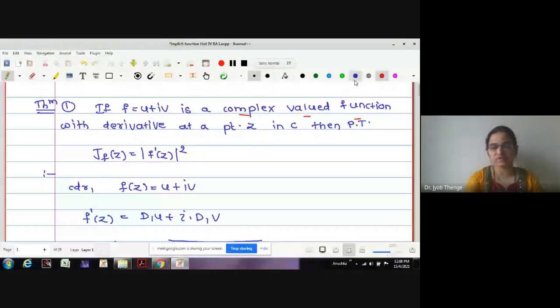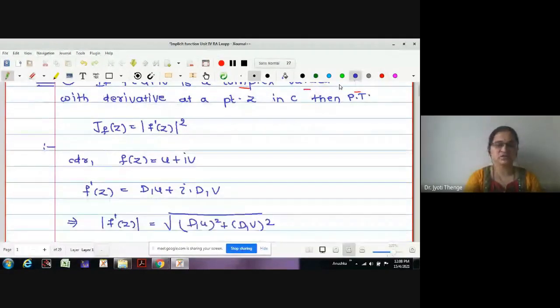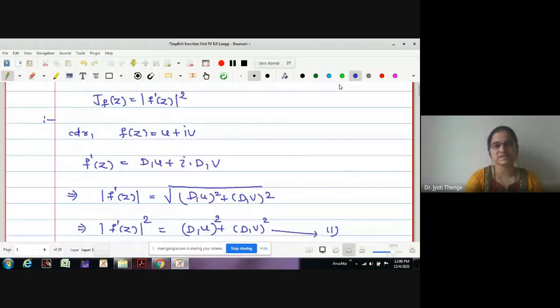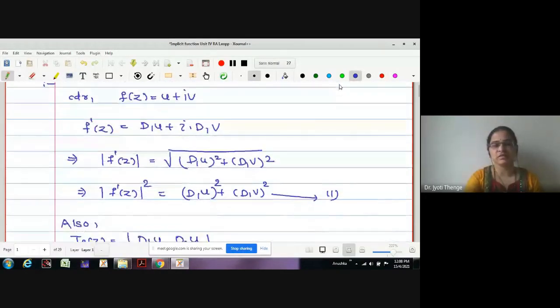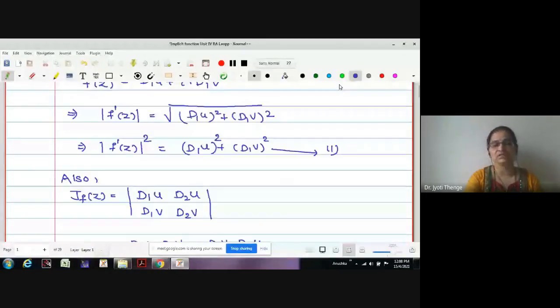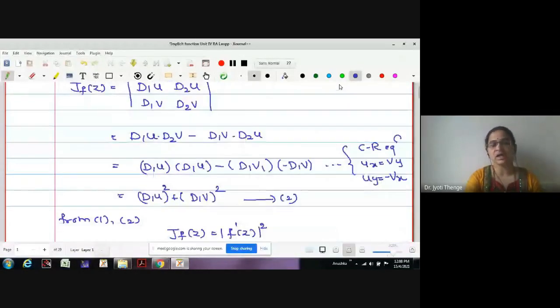We started with the function, found its derivative, then found its modulus, and called it equation number 1. Then we wrote the Jacobian determinant, and by using the Cauchy-Riemann equations, we proved the required result.